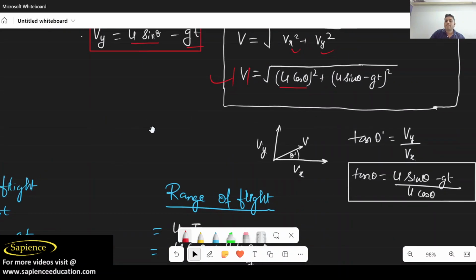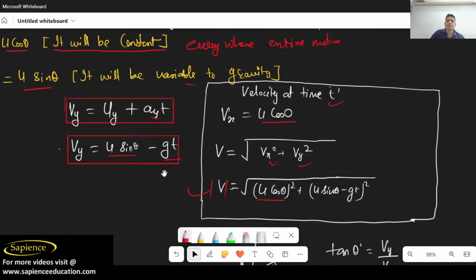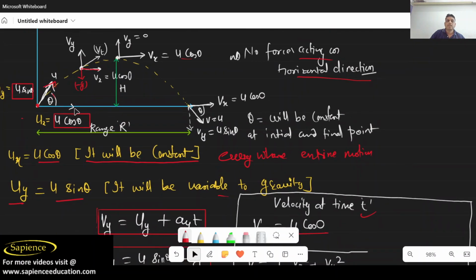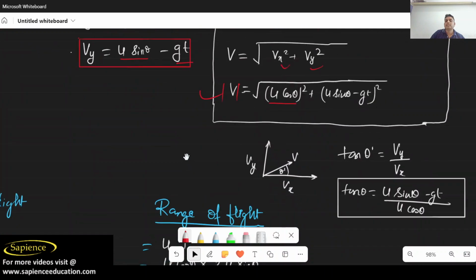Now tan theta can be written as, what is theta? Theta is the angle at any point. If you want to find the angle at which an object is moving, how will you find it? Tan theta can be written as the vertical component divided by the horizontal component, so Vy by Vx.